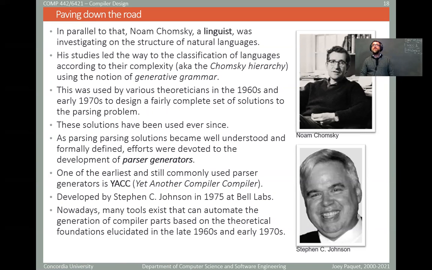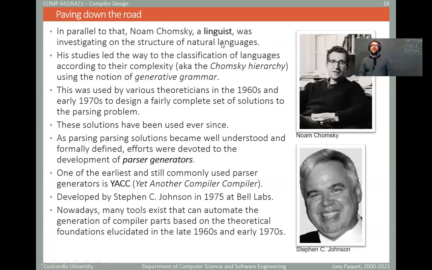fields. So in this case, for example, there was a linguist named Noam Chomsky, whom you might know for being an activist, but his main academic career was as a linguist. So what is a linguist? A linguist is basically a mathematician whose concern is about how to express languages in a mathematical form in order to be able to express languages, to reflect upon languages, and, for example, doing translation of languages.